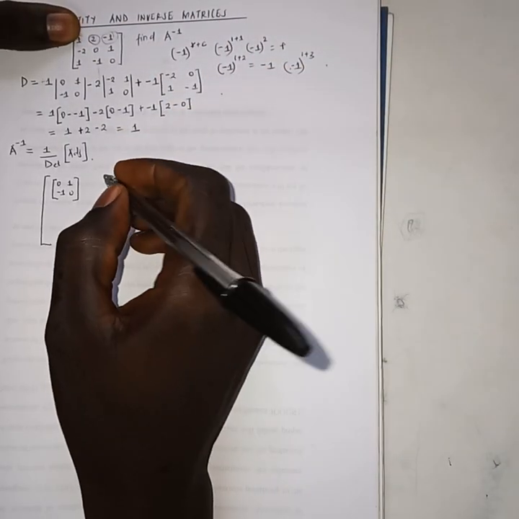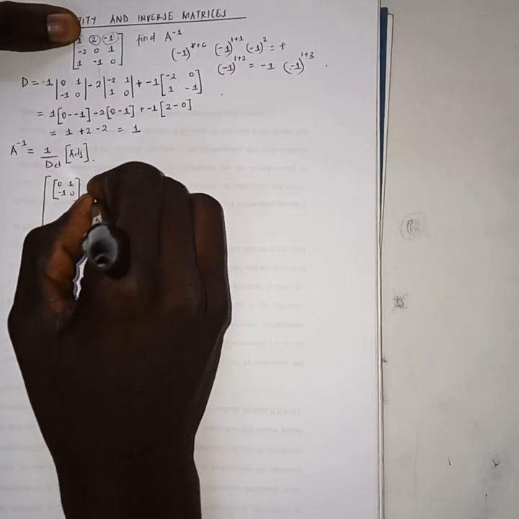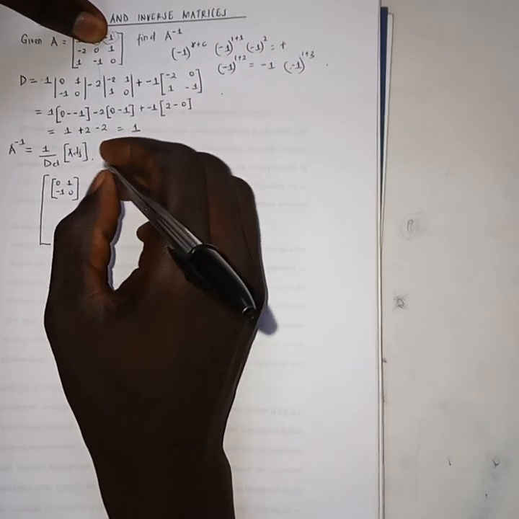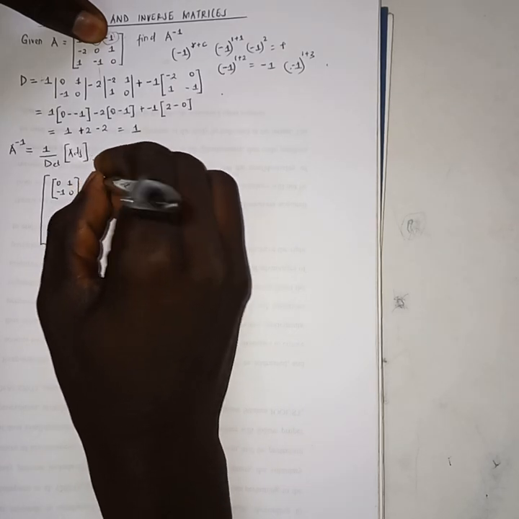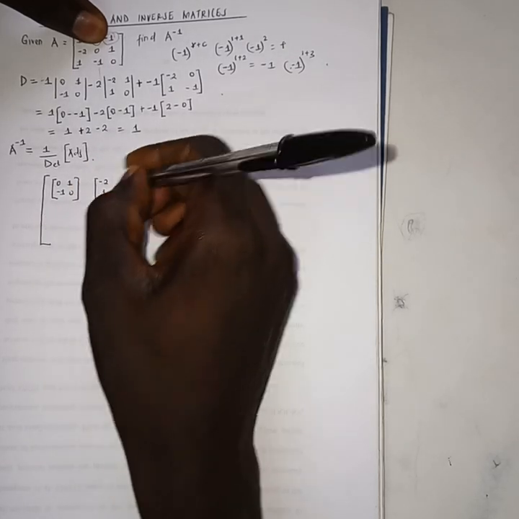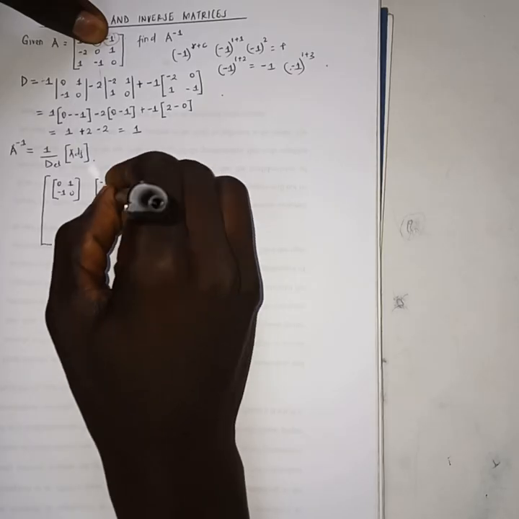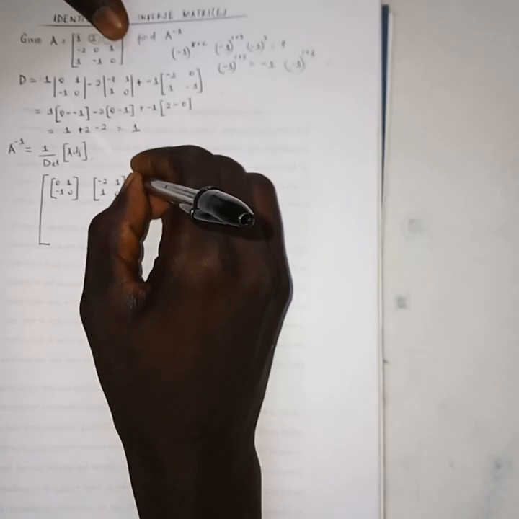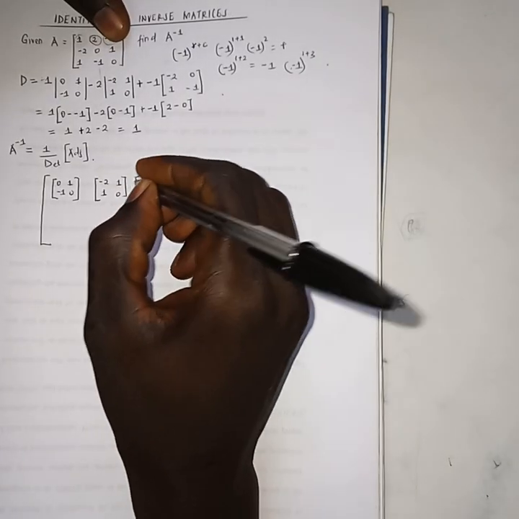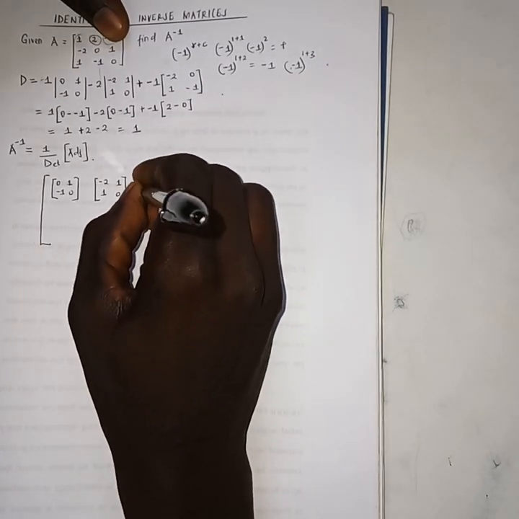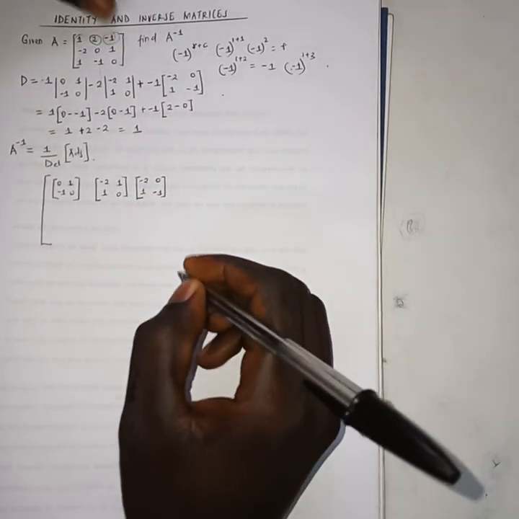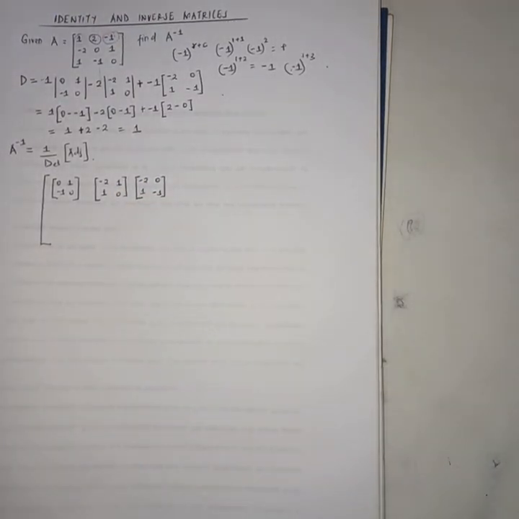Then we'll have the second value here, where the minor matrix will be negative 2, 1, 1, 0. And thirdly, we have negative 2, 0, 1, negative 1. So that is now the cofactor matrix.